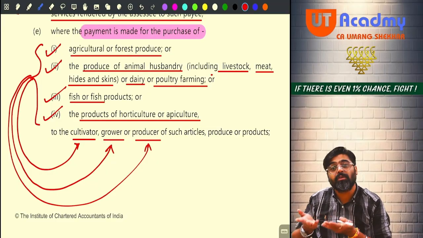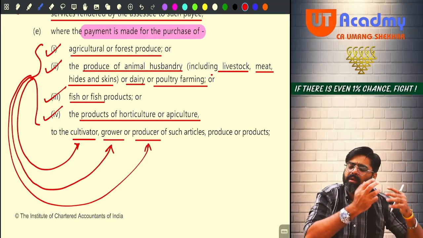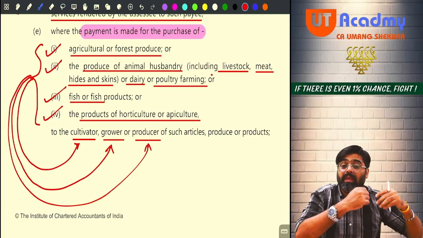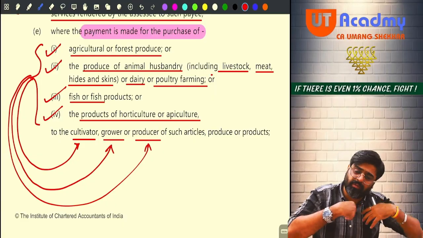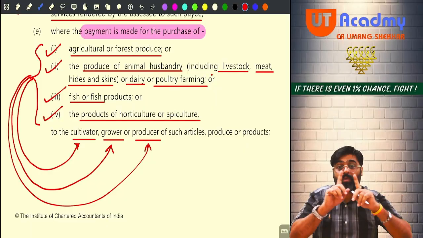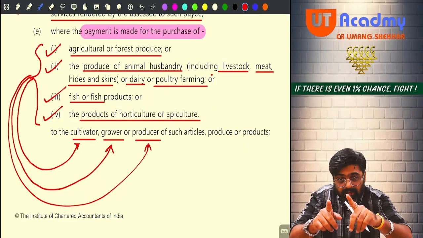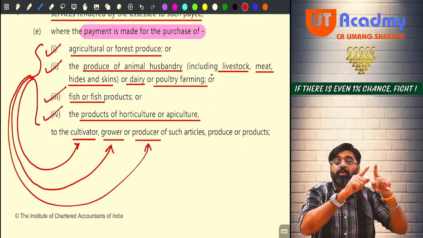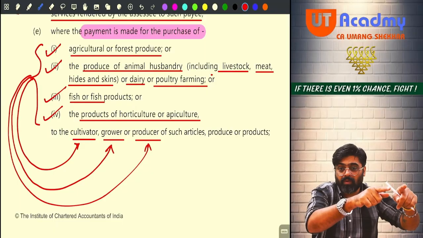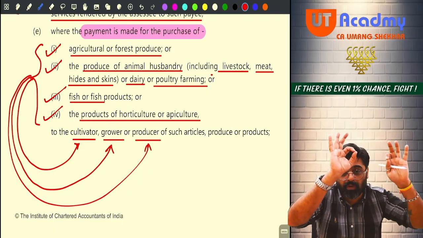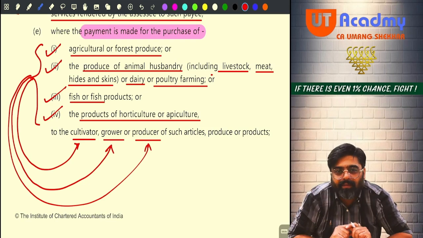And for these items, whatever payment you are making by any mode, even if the amount is more than 10,000, we will allow fully, provided these payments are made to their cultivator, their grower or their producer only. Sure, sir. Should I move?